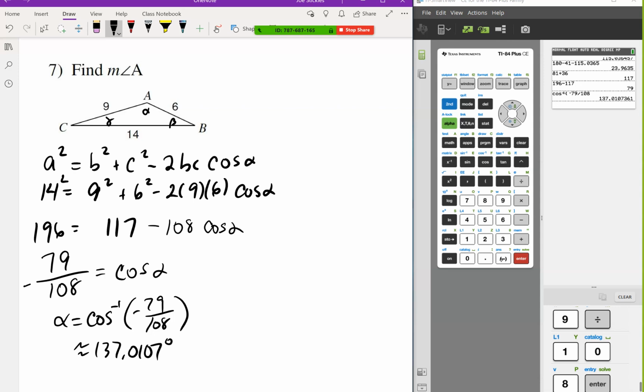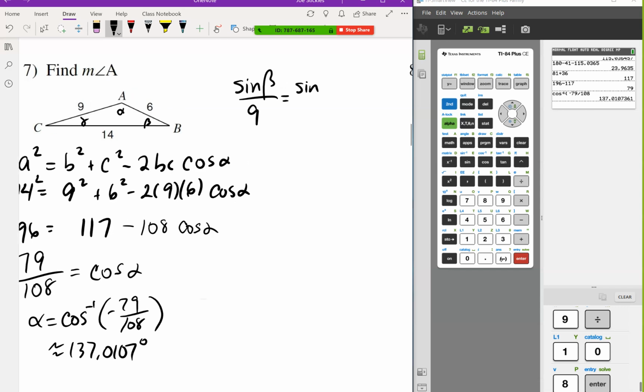We would have sine of beta over 9, because that's the side opposite, equals the sine of the angle we just found, so that's 137.0107 over the side opposite, which is 14.